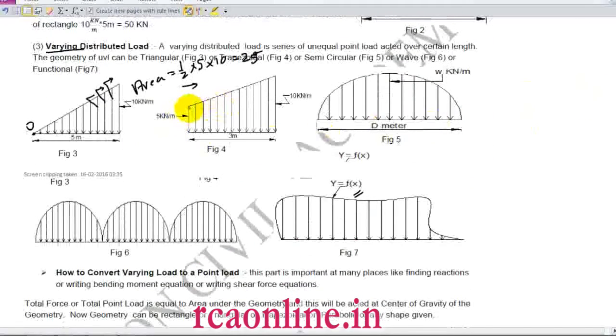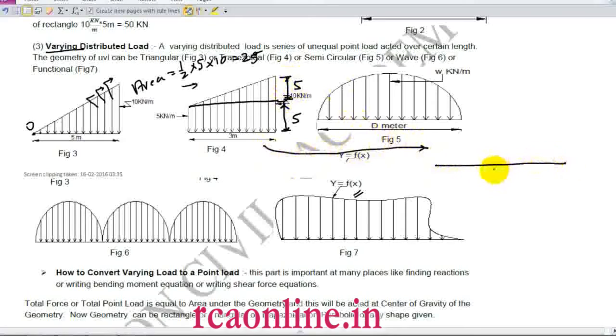You divide the trapezoidal loading into two parts, one rectangle and one triangle. The rectangular loading is of intensity 5 because the total is 10, and the triangular intensity is also 5.